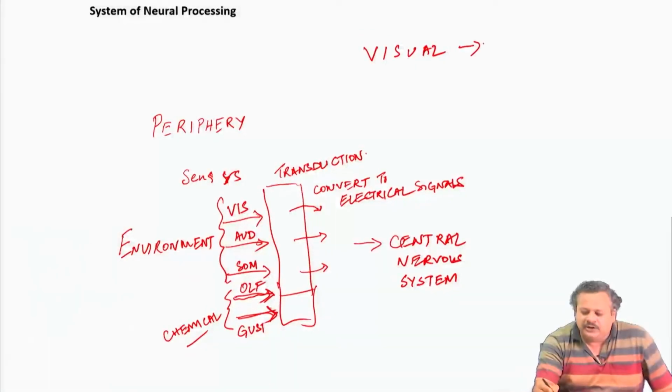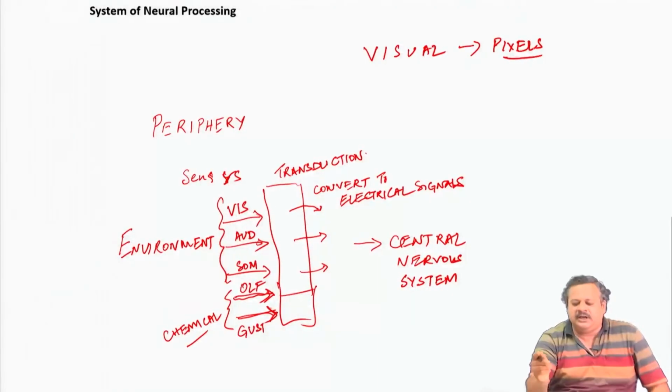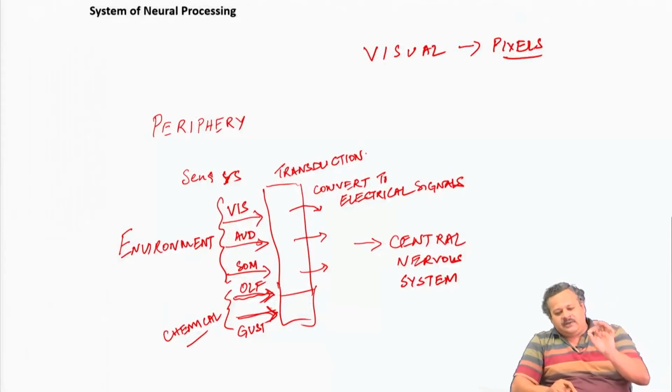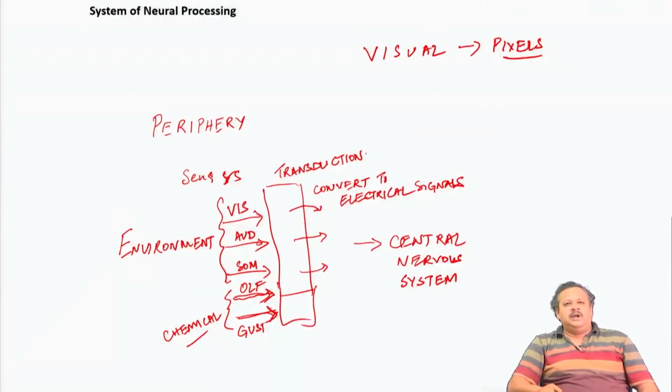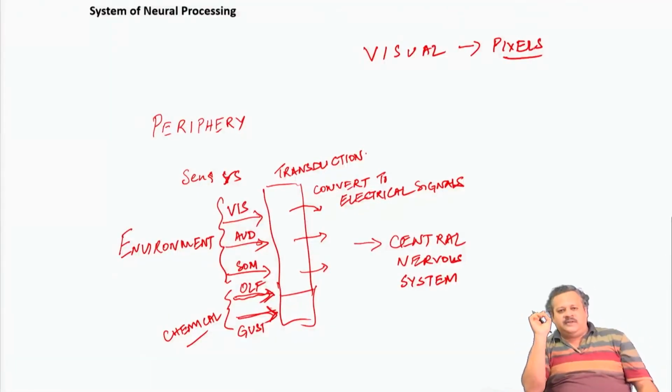So, here the visual scene is converted into pixels, the stimulus in each pixel is encoded in some particular way through the retina, and the whole field of view is broken down into these parallel channels of information of very tiny elements.